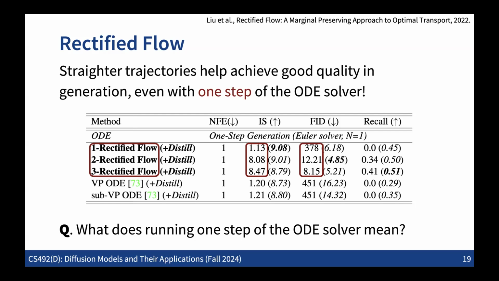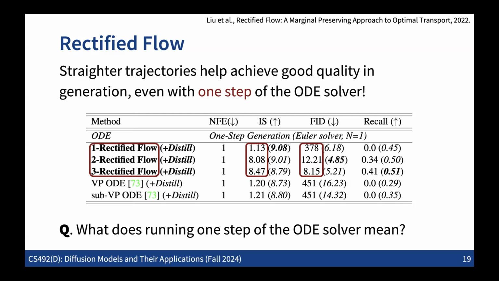That becomes the final outcome, right? Even for this one-step generation, we are achieving very accurate output, very good quality, which is a very interesting result compared with the diffusion model, which typically requires tens of iterations to get good results.